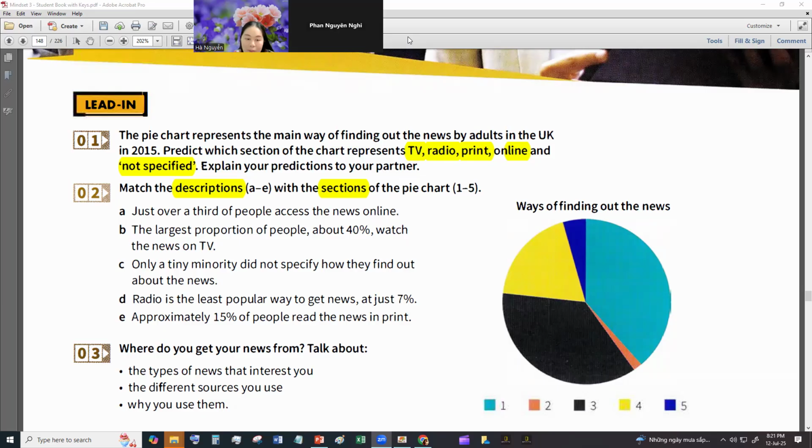So let's talk about the types of news that interest you, the different sources you use, and why you use them. Nghi, you can answer the question using the ideas in exercise 3, please. So for example, for me, I'm interested in news about celebrities and famous people and people who make positive changes in the world.